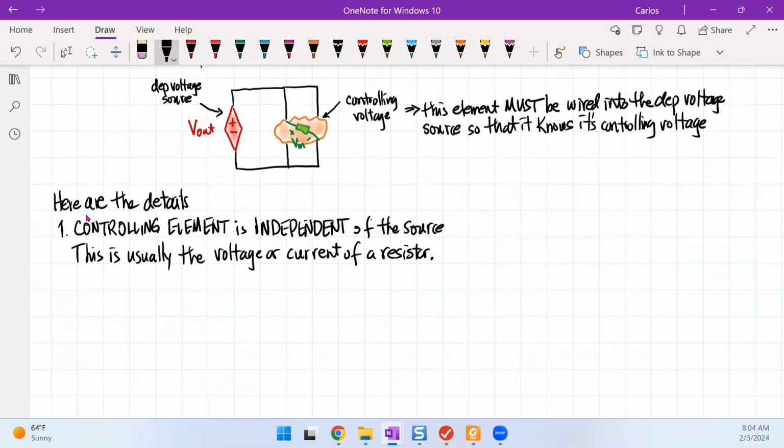So if I look at the resistor, then that tells me that if I have a resistor, then that means I'm going to either be talking about the voltage being the controlling voltage, or I'll be talking about the current. That's the control.